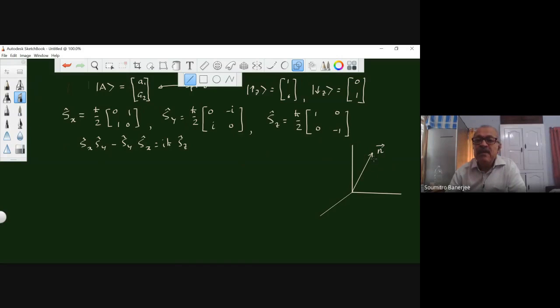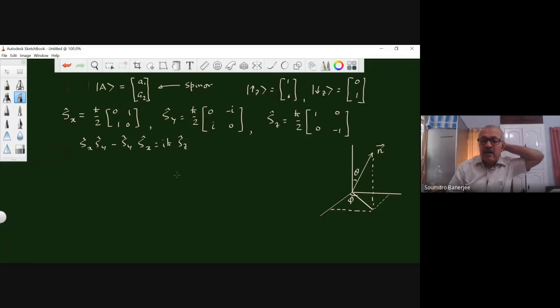And then we'll drop the perpendiculars, and we'll have this vector. This is our theta angle. This is our phi angle. So on that basis, we can work out the vector n. If you have another vector, say s, you can think of drawing a projection onto n.